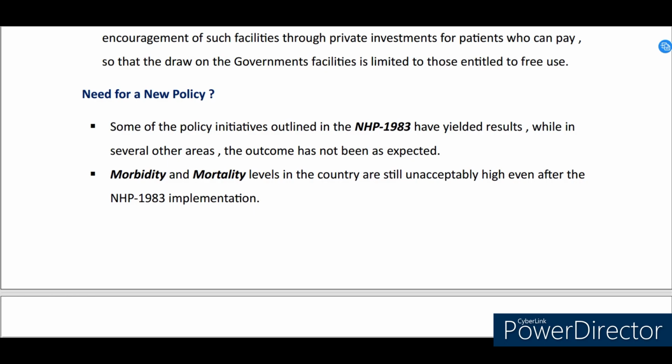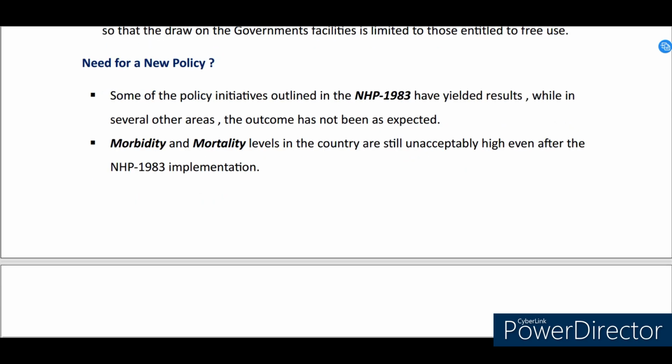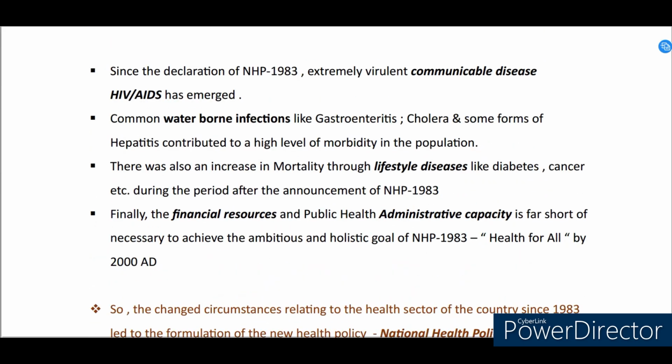Morbidity and mortality levels in the country are still high even after the implementation of the 1983 health policy. And also the extremely virulent communicable disease, HIV, has emerged since the declaration of NHP 1983. Common waterborne infections like gastroenteritis, cholera and some forms of hepatitis contributed to a high level of morbidity in the population.